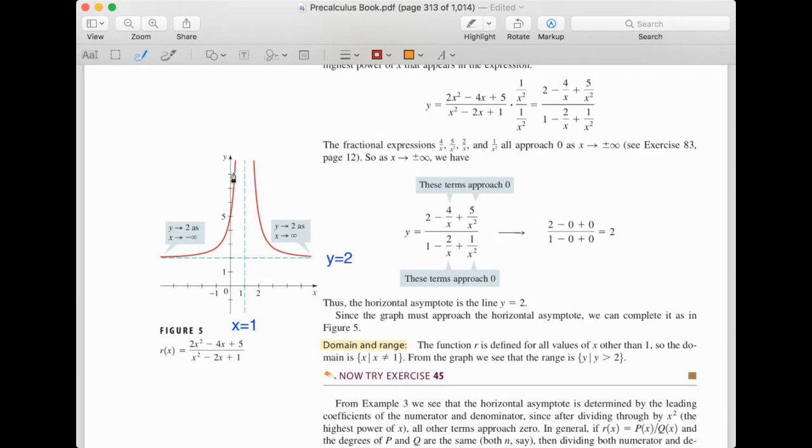The graph will never pass through these dotted lines. So if we graph that, we get this. The vertical asymptotes and horizontal asymptotes we can basically understand as prohibited lines. The graph cannot pass through them.